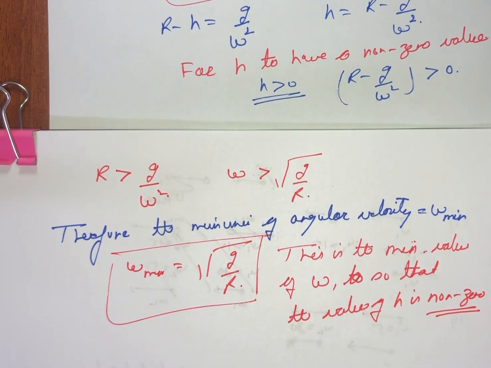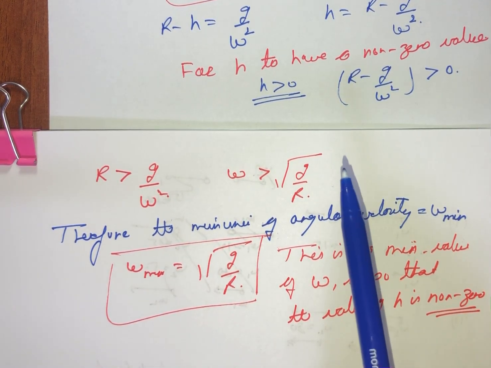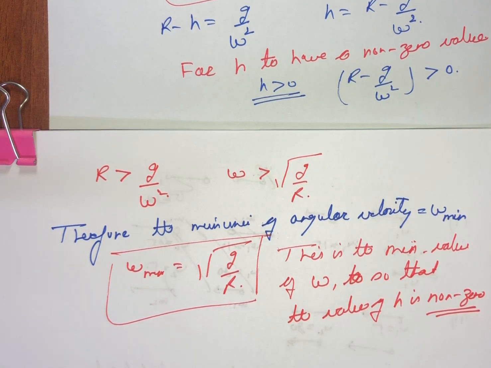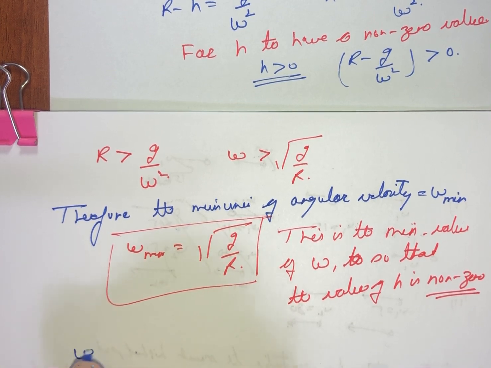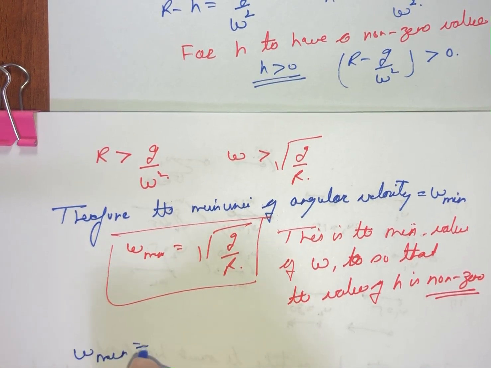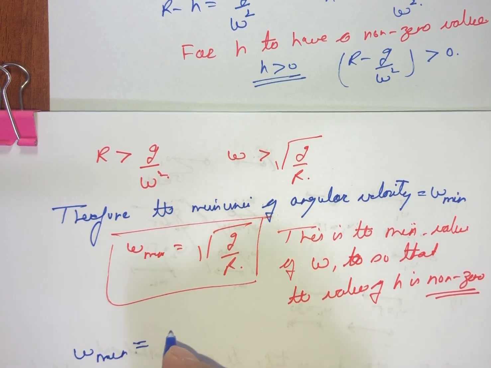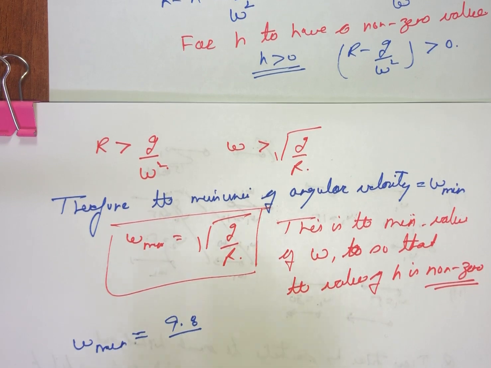Now in part B, we need to calculate it. So let's put the values. Omega minimum is equal to square root of 9.8 divided by radius 0.1.